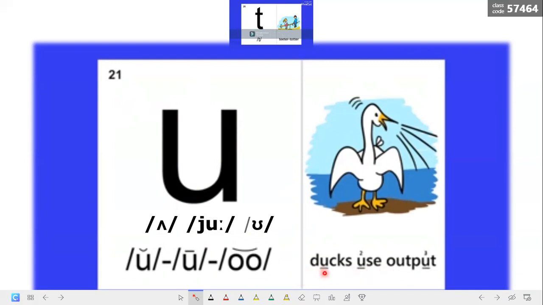Again, you will notice the sound U repeated 3 times and is underlined to show how it is produced in different ways each time. Okay, listen to the native speaker pronouncing it. Number 21. Ducks, use, output.